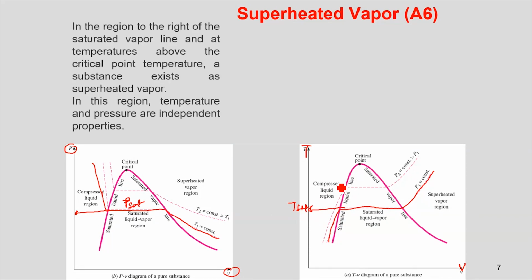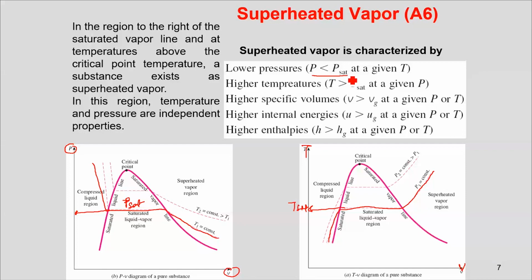So if you have any pressures which are less than this saturation pressure for a constant temperature, this line is in the superheated region. Similarly, if your temperatures are greater than T saturation for a constant pressure line, you are essentially in the superheated region.